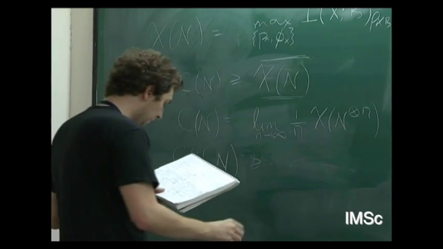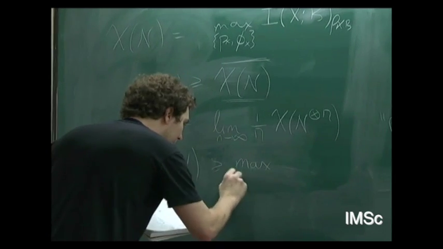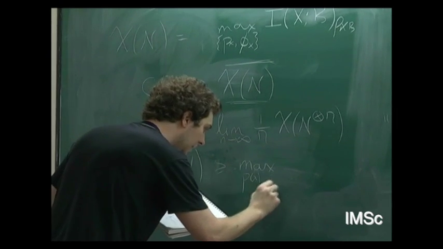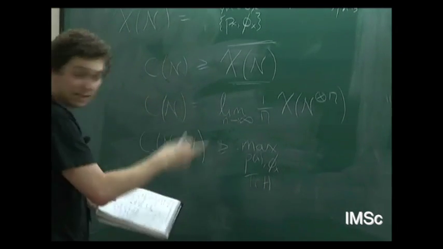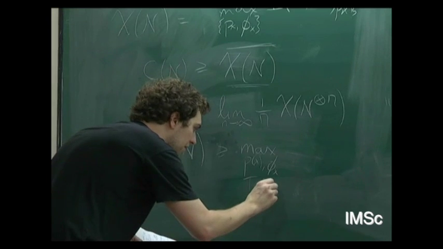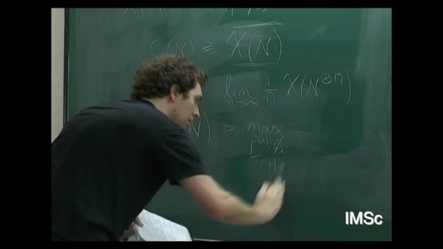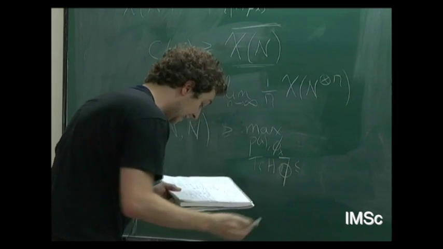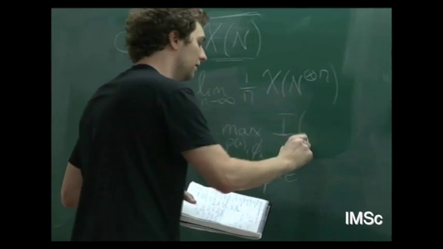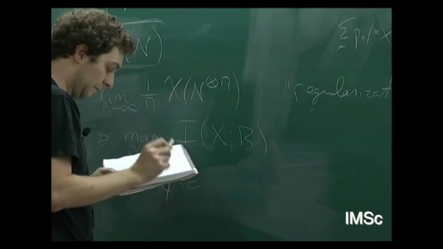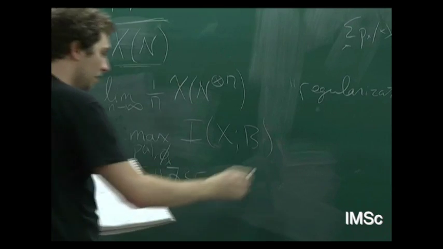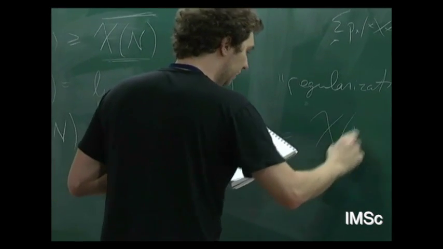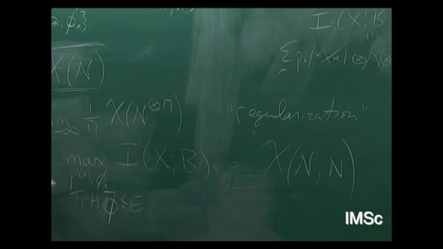It's going to be lower bounded by the maximum over all ensembles that you can potentially have, but they have to satisfy the property that the expectation of the average value of the ensemble, so the average state of the ensemble, can't exceed E, and then you evaluate this mutual information on exactly the same state for that ensemble, and we call that chi of N, comma E. And then you can regularize this to find the capacity of your channel.